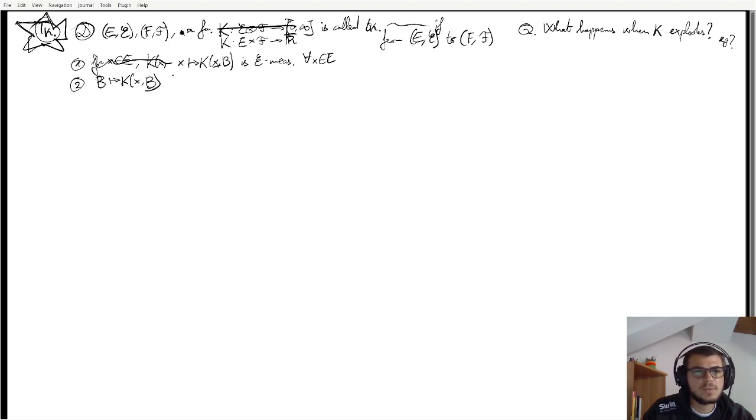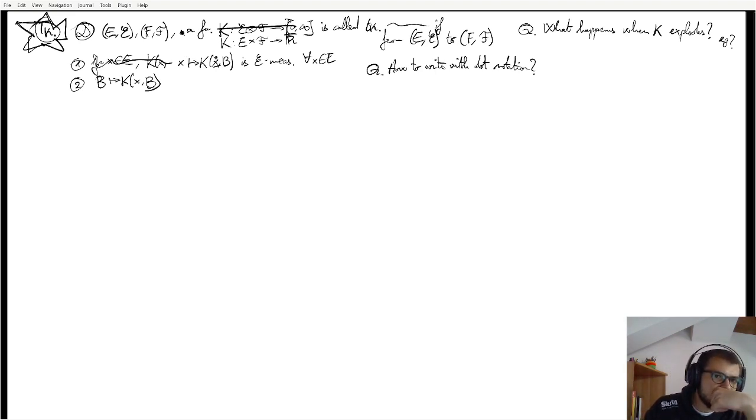So we should use a dot notation. How to write it? If we fix x, I think we should have a dot here. If we fix B, I think we should have a dot here.